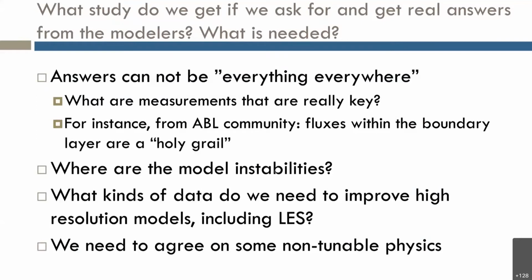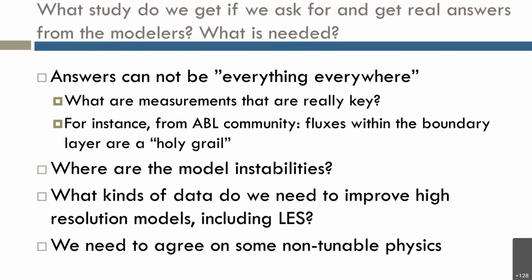So for instance, from the atmospheric boundary layer community, in a nice workshop that Shui Chen helped lead, one of the things that was talked about is that fluxes within the boundary layer are really a holy grail. We could ask, where are the model instabilities? So we could be doing a lot more work pressing in that direction. We should be asking ourselves, what kinds of data do we need to improve high resolution models, including large eddy simulation models, which might need a different type of data.